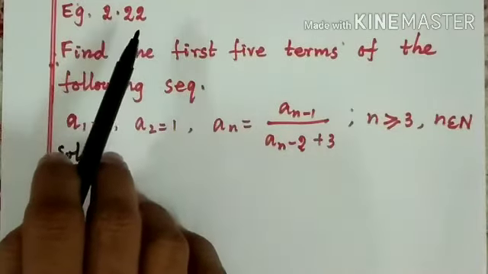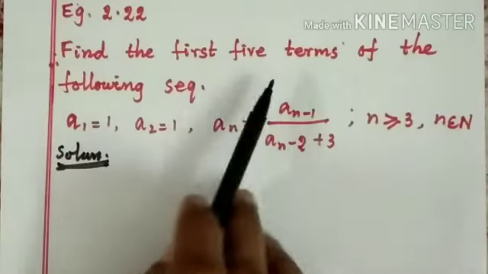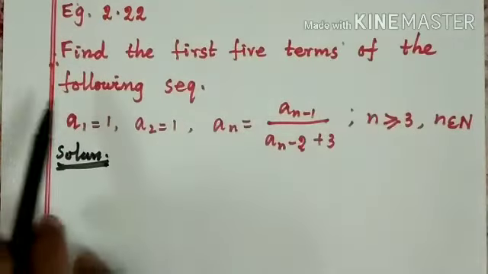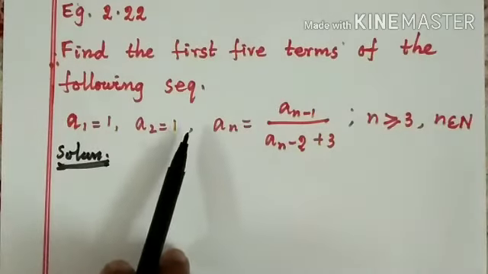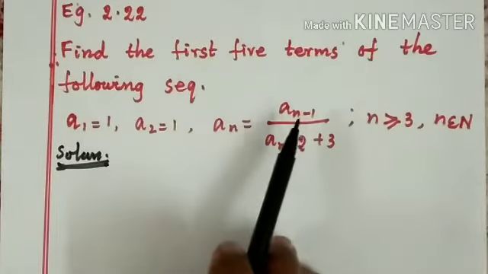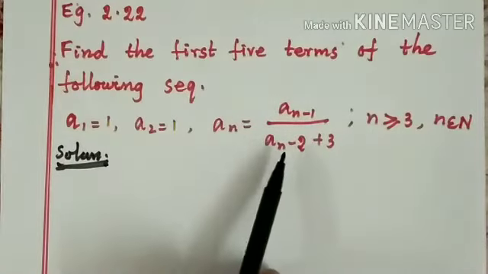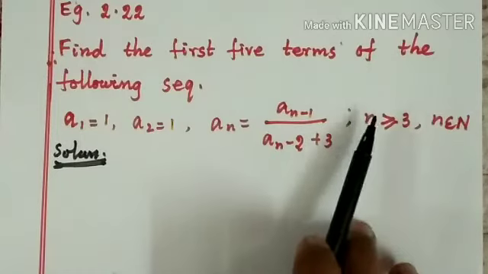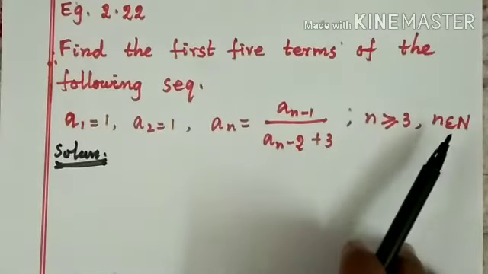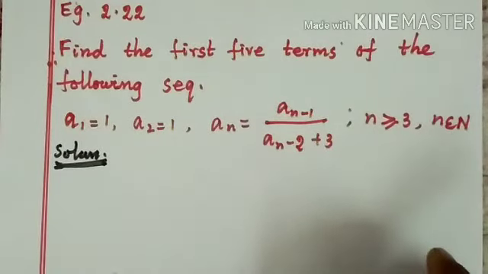Example 2.22. Find the first 5 terms of the following sequence, that is A1 equal to 1, A2 equal to 1, An is equal to An minus 1 by An minus 2 plus 3, n is greater than or equal to 3, n belongs to natural number.